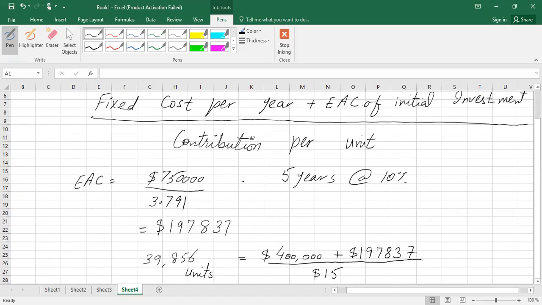If we sell this many units each year, we will be able to achieve zero net present value. Any question? Okay. Now we will discuss another important concept.